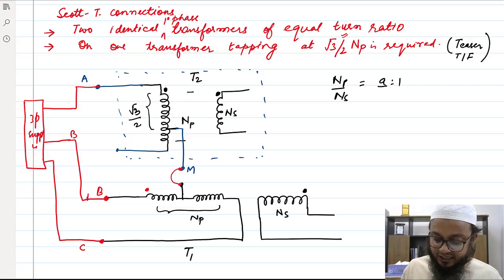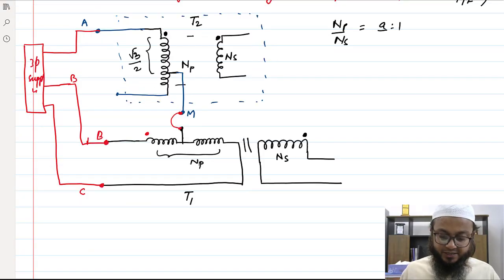These two are the transformers. For simplicity of explanation, I have drawn it this way, but no harm in it, because this does not represent the actual transformer representation. Phase A, phase B, and phase C are connected at the primary side of these transformers, and these are the secondary terminals.